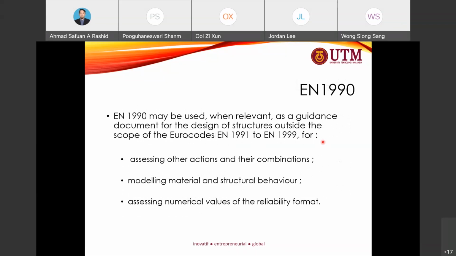So EN 1990 may be used, when relevant, as a guidance document for the design of structures outside the scope of Eurocodes 1991 to 1999. Okay. For assessing other actions and their combinations, modeling material and structural behavior, assessing numerical values of the reliability formats.